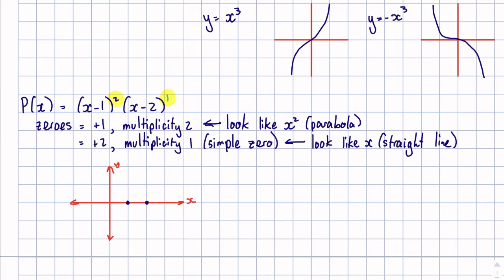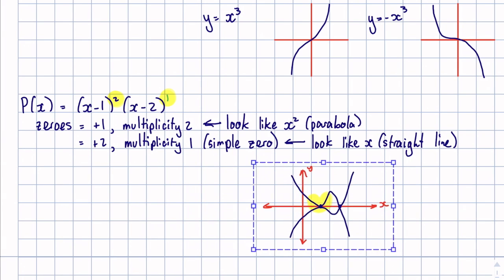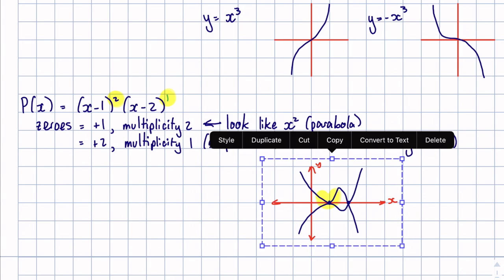Then at x equals positive 1, it's multiplicity 2, so it cuts back on itself. So right up close, it looks like a parabola. And then it's going to come down and go like that, or I could have had it going up and looking like that. The only way to tell is to figure out its behaviour at one of the extremes.